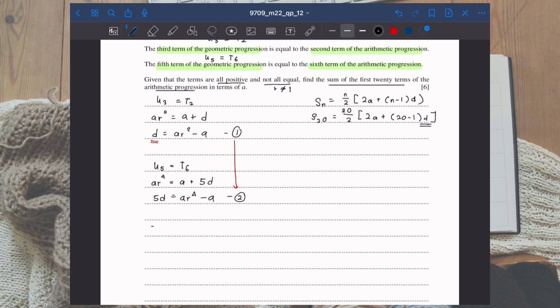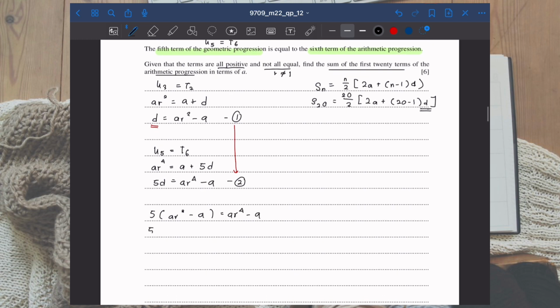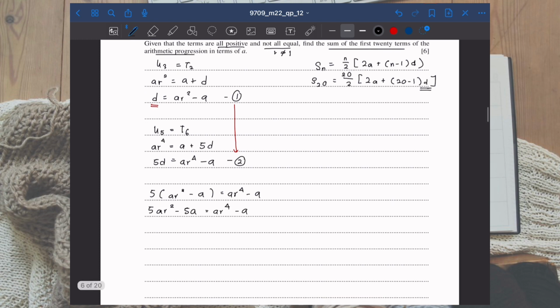So 5(ar squared minus a) equals ar to the power 4 minus a. So expand: 5ar squared minus 5a equals ar to the power 4 minus a.